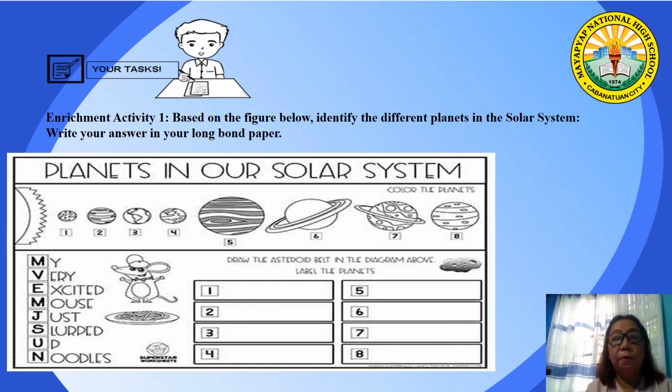Based on the figure or illustration of your activity sheet, identify the different planets in the solar system and write your answer on your long bond paper.